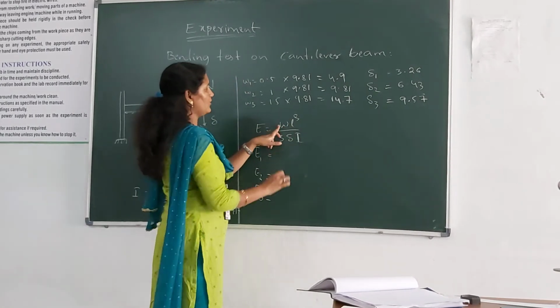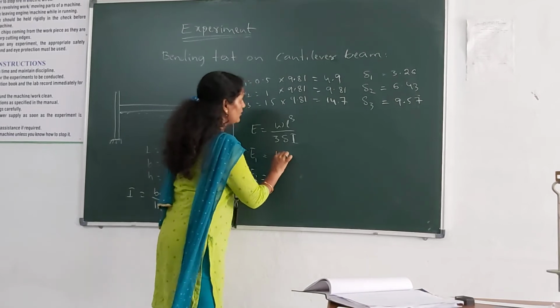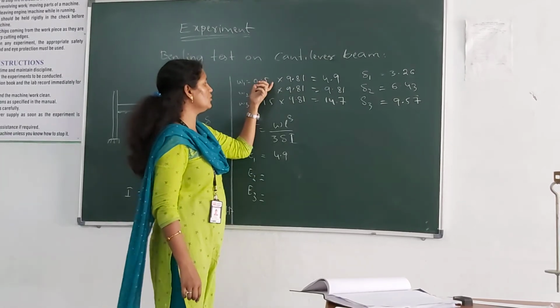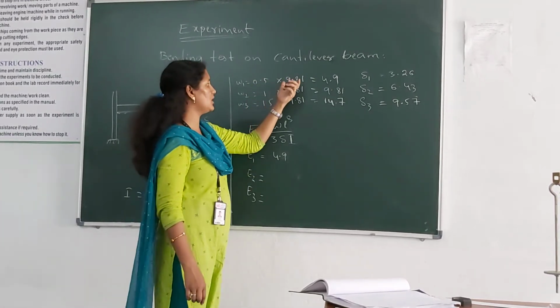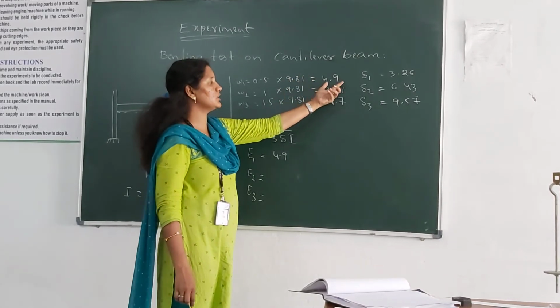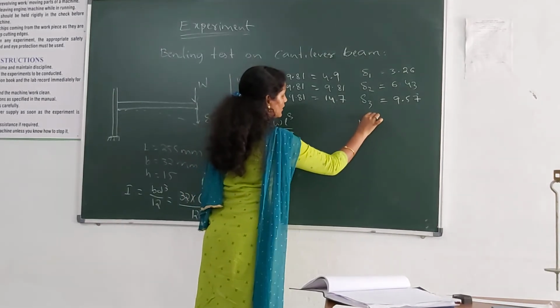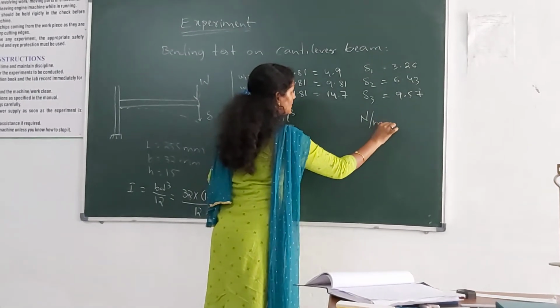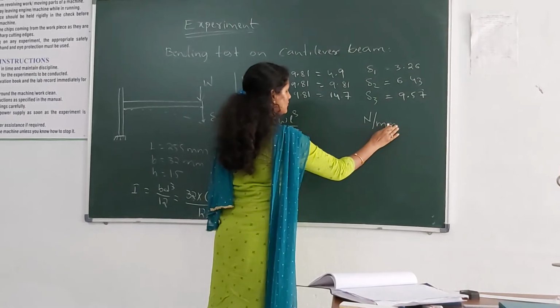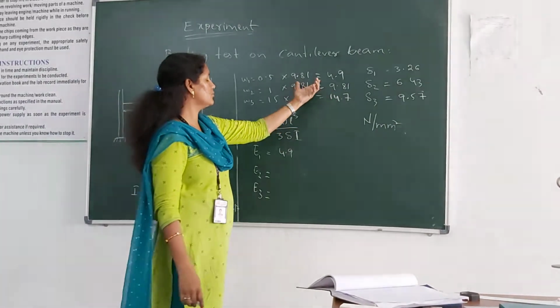So what is the first weight here? 4.9. We have taken the weights in grams, converted to kgs, and with multiplication by 9.81 we can convert into newtons, because the unit of Young's modulus is Newton per mm square, so we have to convert into newtons.